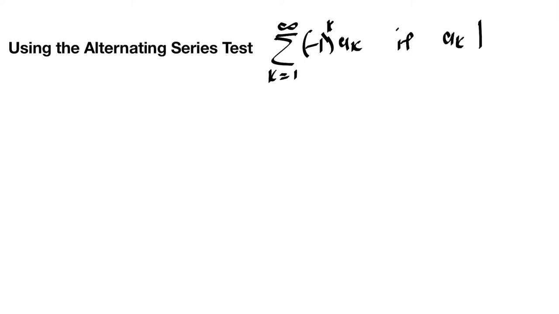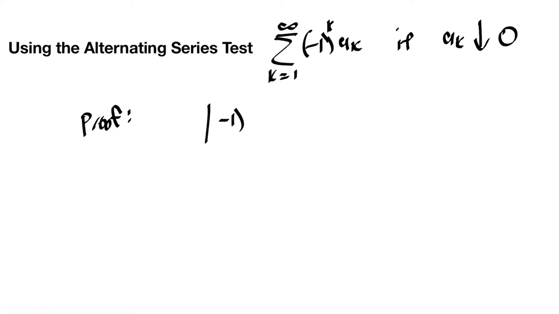Okay, the alternating series test. If you remember doing the alternating series test, what we had is the sum of negative 1 to the k, a sub k, as k goes from 1 to infinity. And what we found is that this converges if those a sub k's decrease constantly to 0. And the way we did this is by the proof that we had earlier.